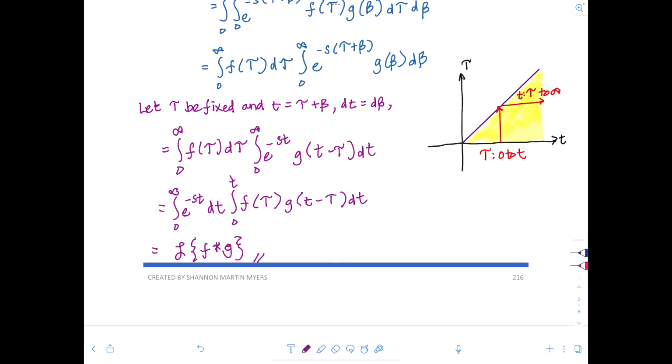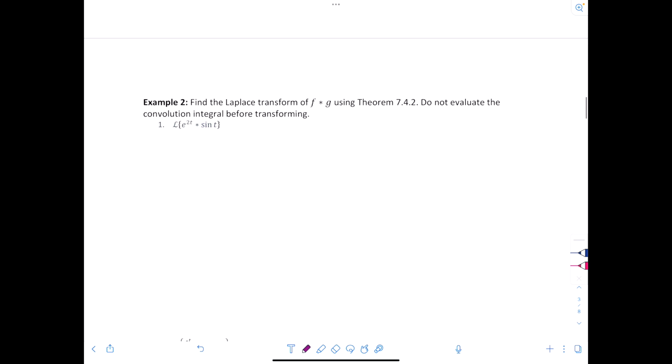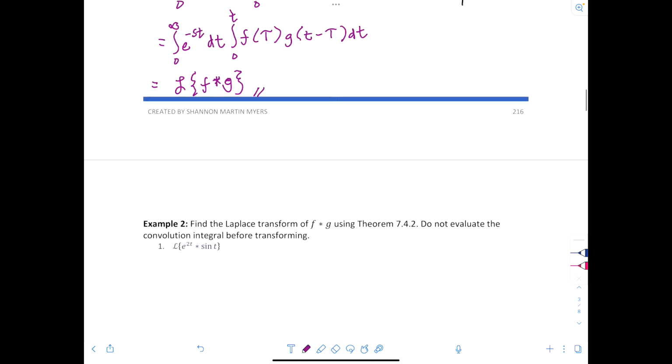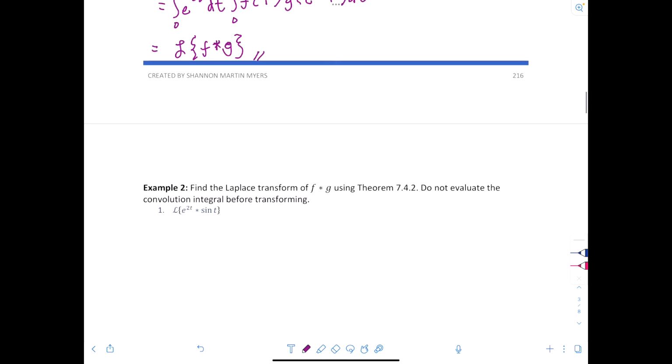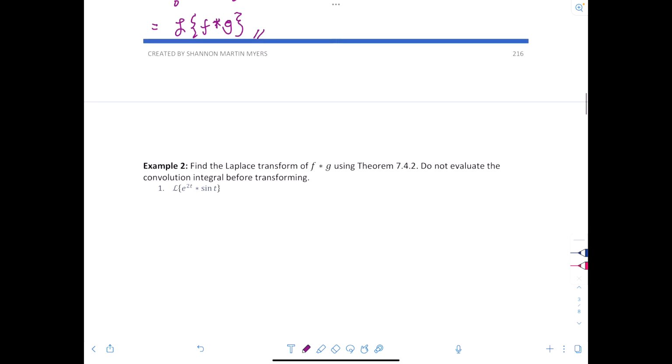Okay. So, example 2. Find the Laplace transform of the convolution of f and g using theorem 7.4.2, and don't use the convolution integral before transforming. So, here we go.